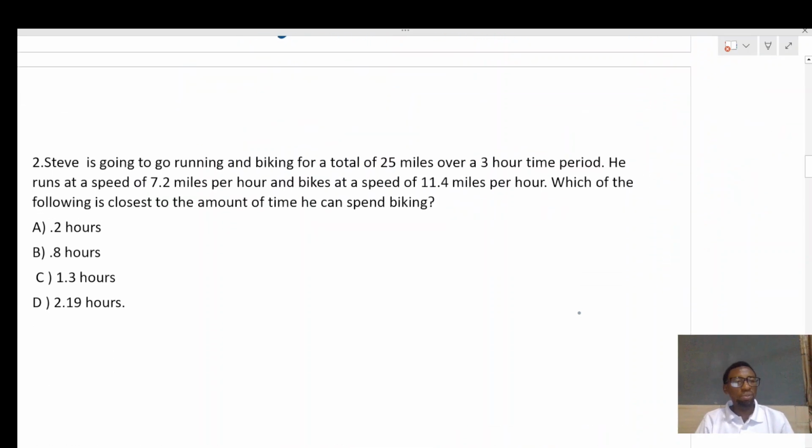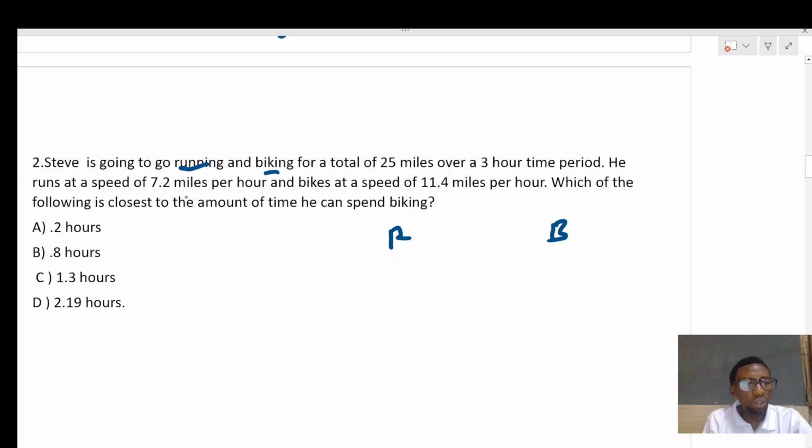Let's go to question number 2. Question number 2 says that Steve is going to go running and biking, for a total of 25 miles over a 3-hour time.